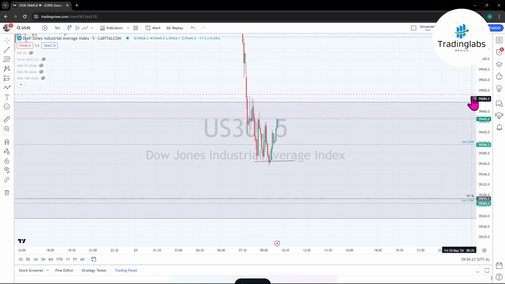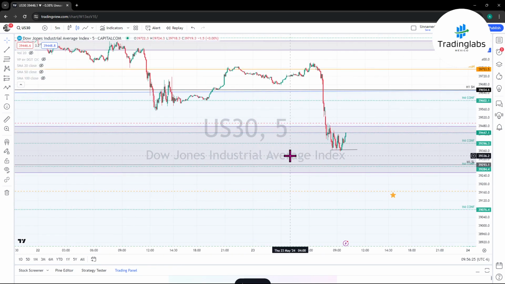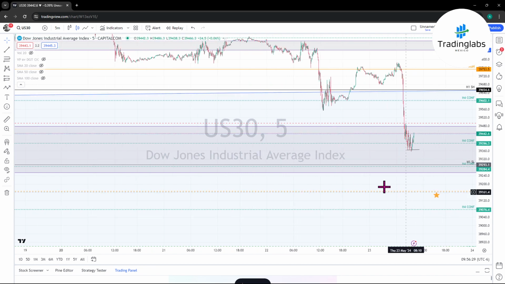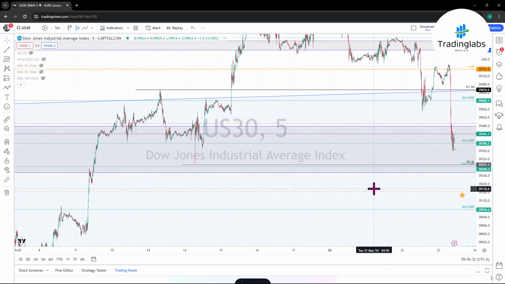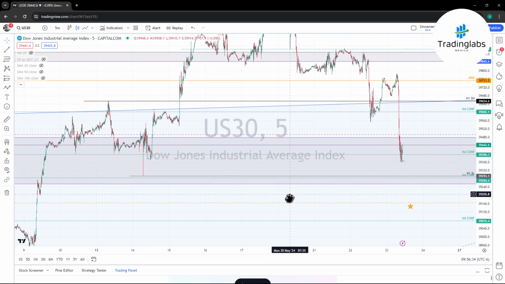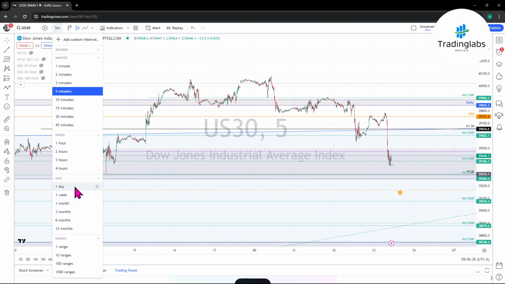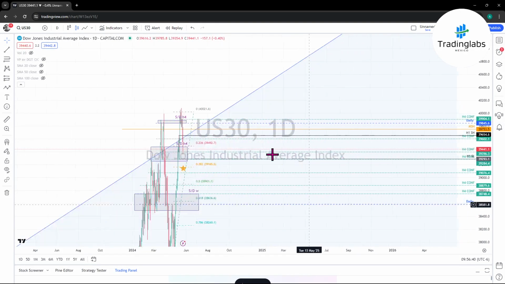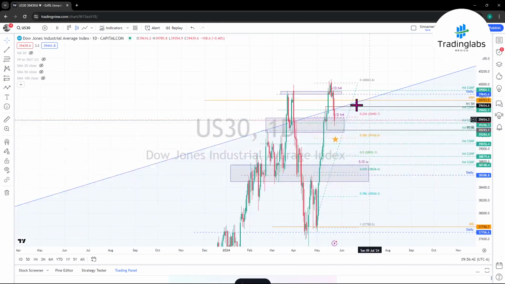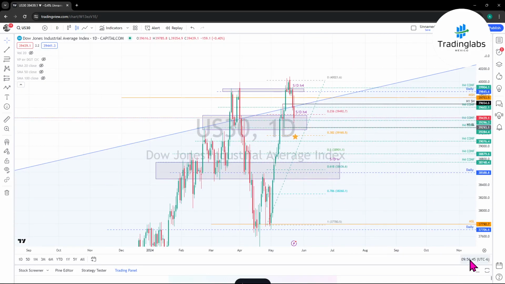So is this considered a reversal already? Yes, it's a reversal. But for example, in this one, for me, I'm not going to take the trade because it's already too late.